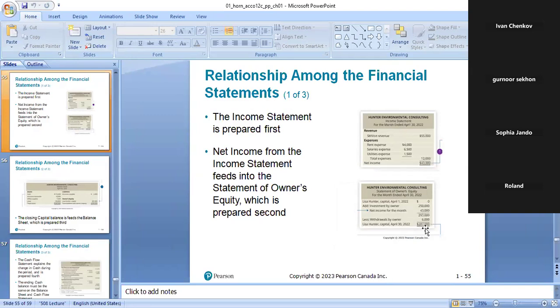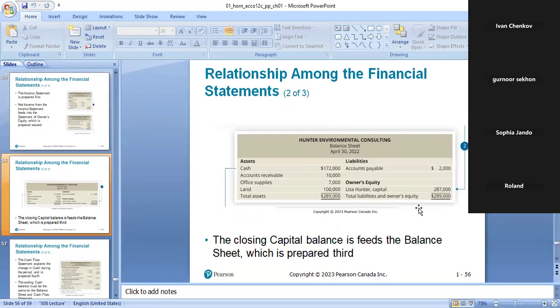That will become our equity. And that's your link between one statement and another. So remember, the income statement always comes first. Then we have to calculate the owner's capital. And the last thing that we have to do is to see what kind of resources the company has and to whom those resources belong, which means preparing the balance sheet.